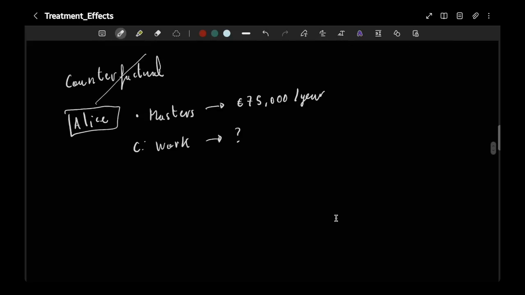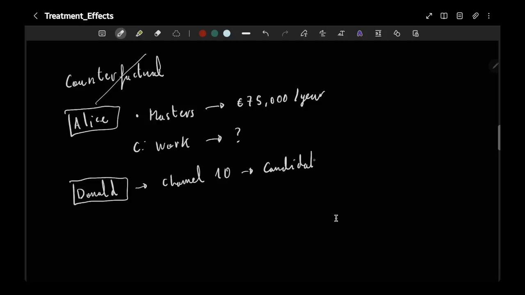Or let's put another example. Let's say that we have a person called Donald, and Donald watches channel 10 hours a day, and this person always votes for candidate R. Now imagine that he hadn't watched channel 10.